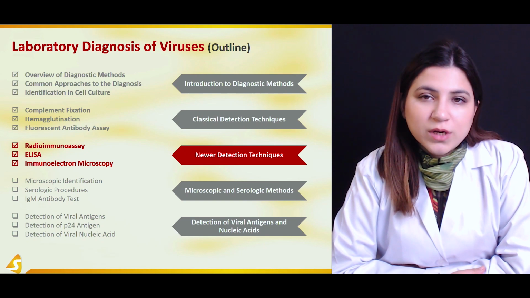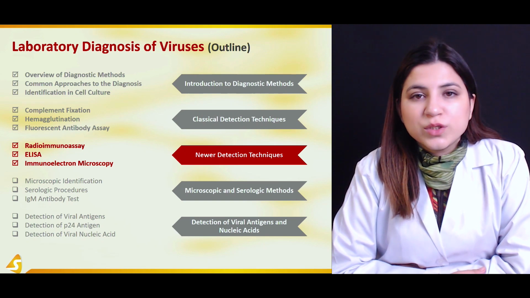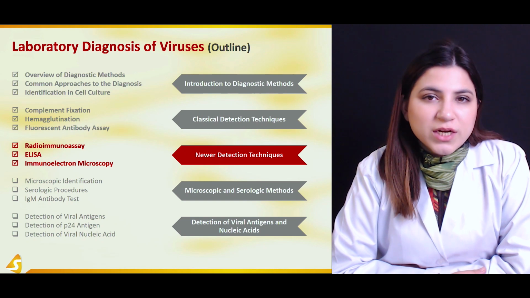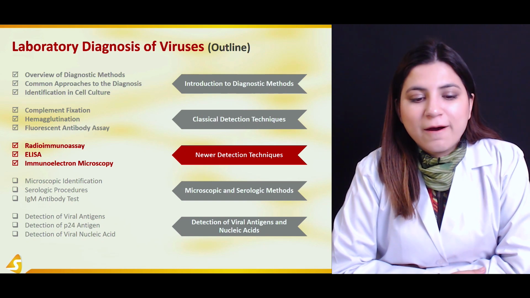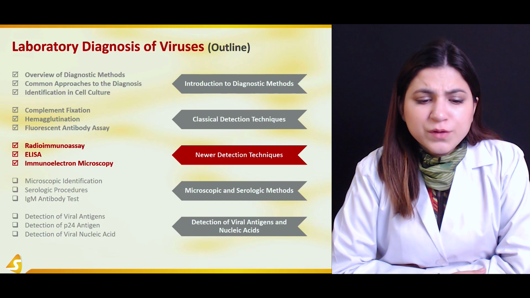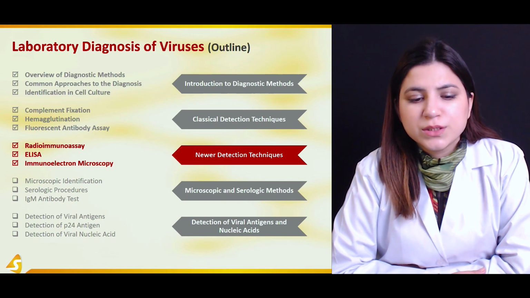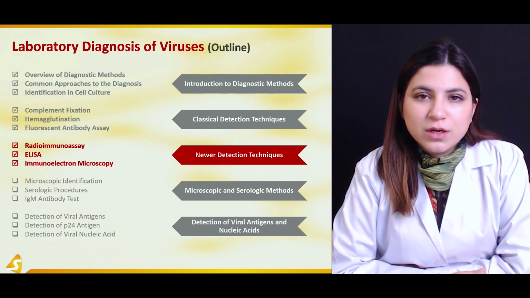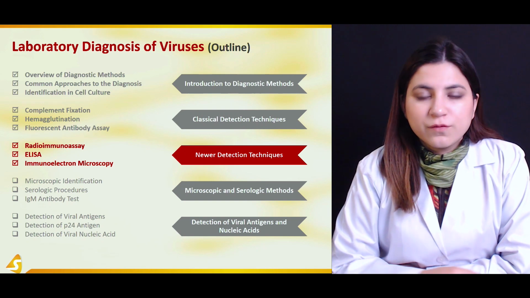And then we have immunoelectron microscopy, in which we try to directly visualize the complexes formed by the virus with an antibody. And we saw how there are certain problems with this particular diagnosis technique. That's all from this section.